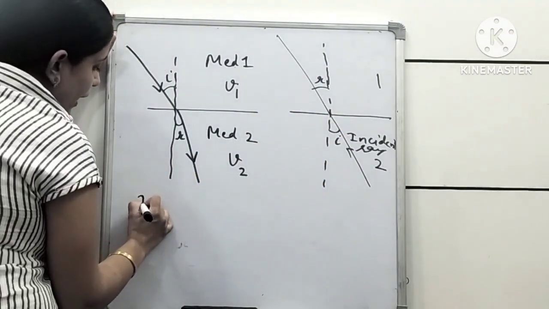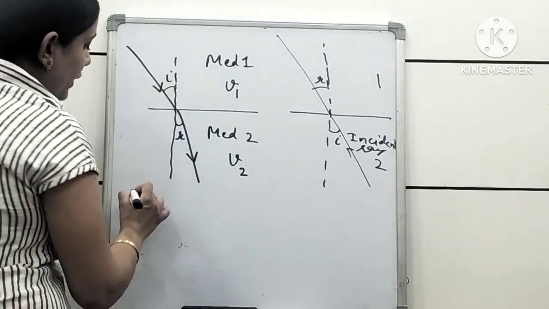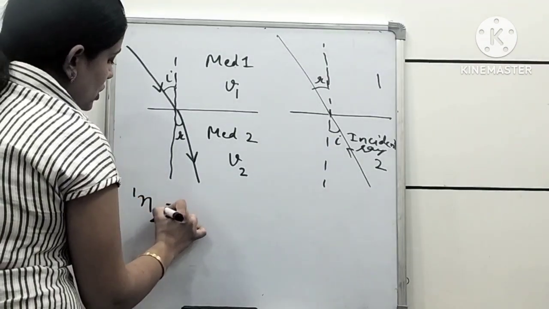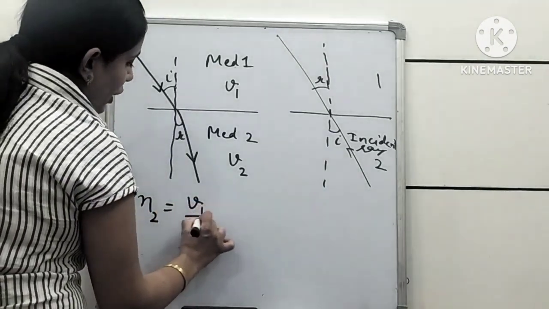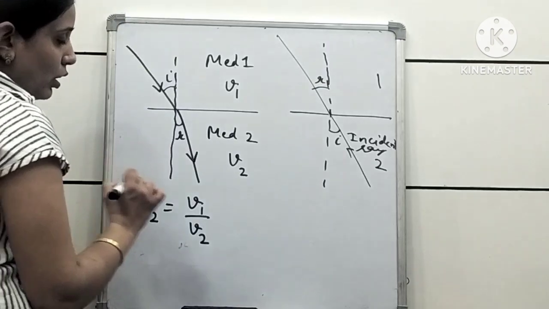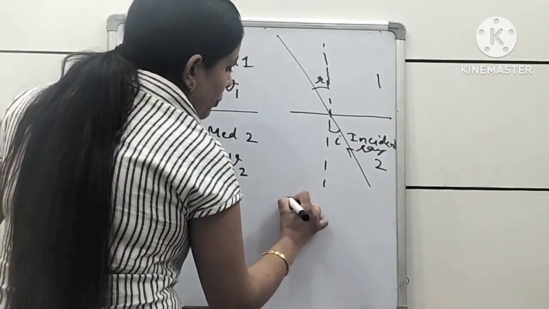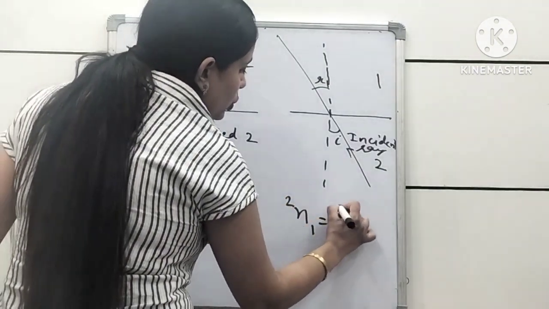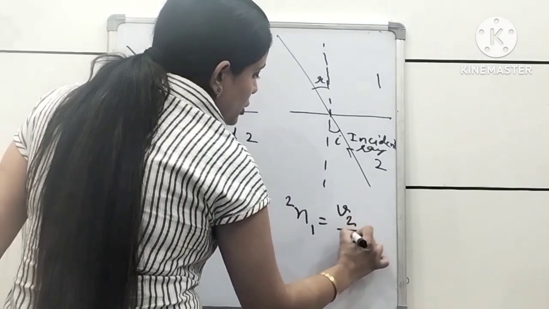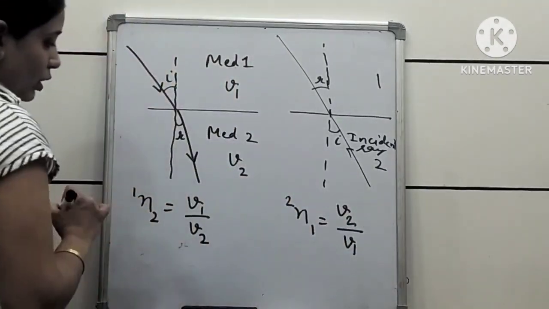So the refractive index, when the light ray goes from medium 1 to medium 2, is equal to speed of light in medium 1 divided by speed of light in medium 2. But when the light goes from medium 2 to medium 1, it is equal to speed of light in medium 2 divided by speed of light in medium 1.